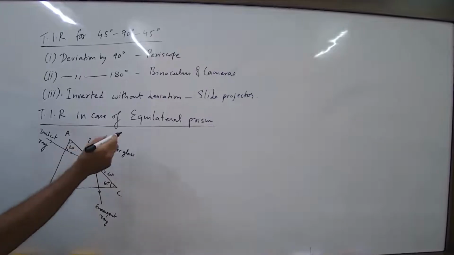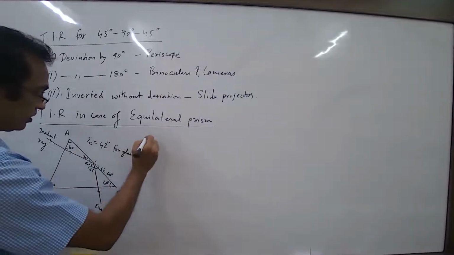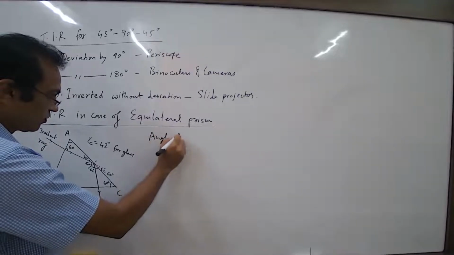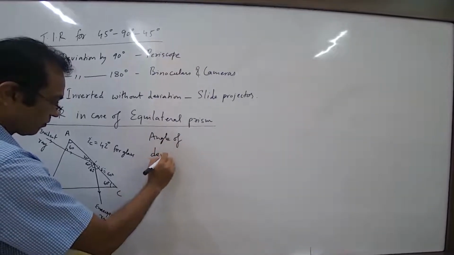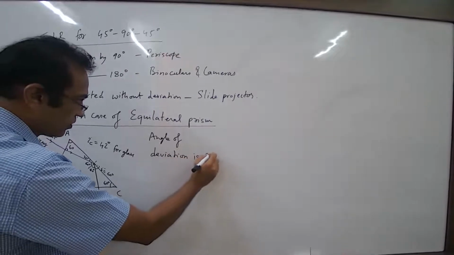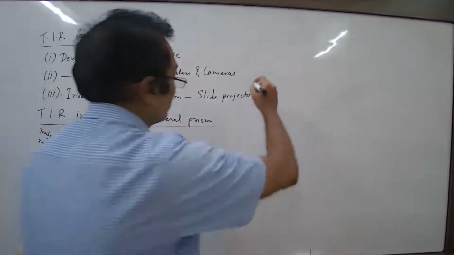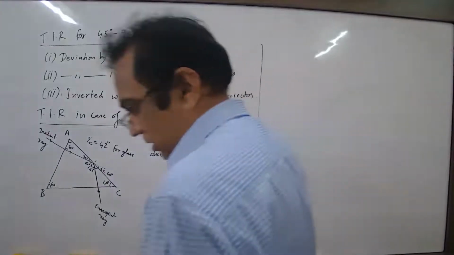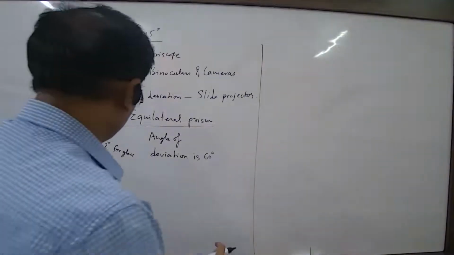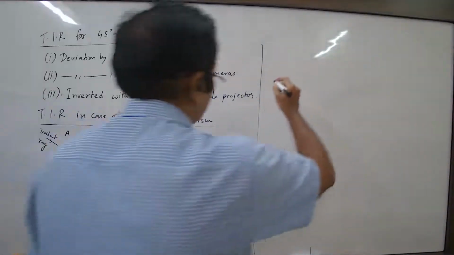So in case of equilateral prism, angle of deviation is 60 degree. Okay. Next case. Next is TIR.